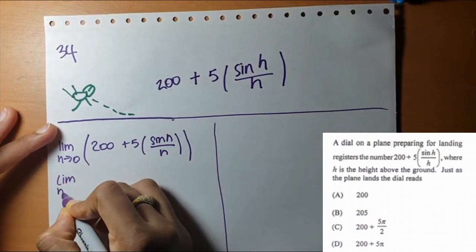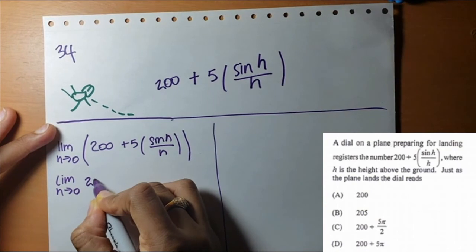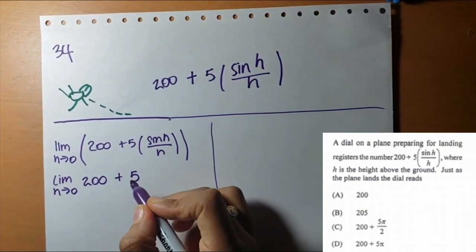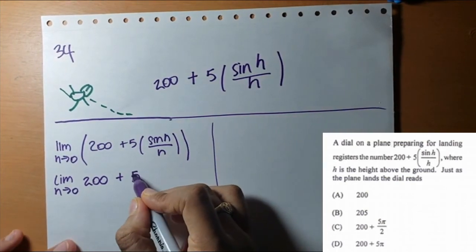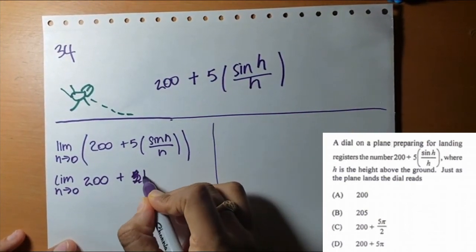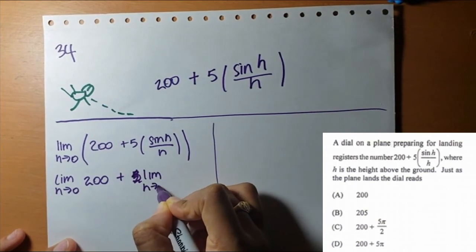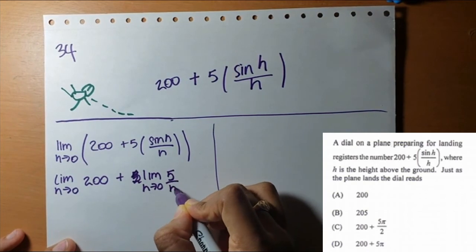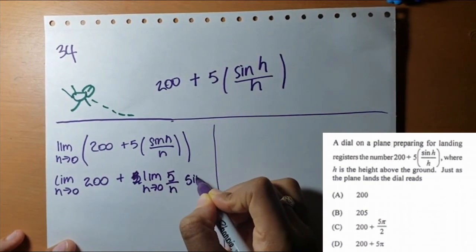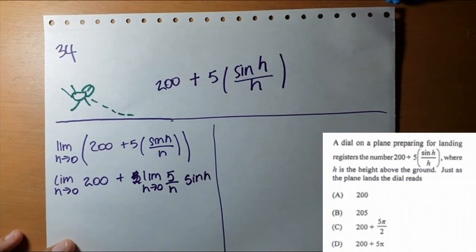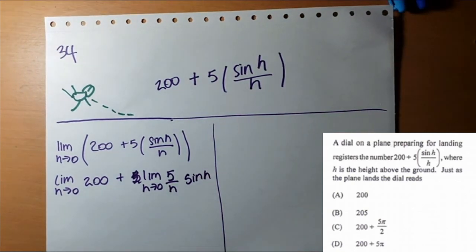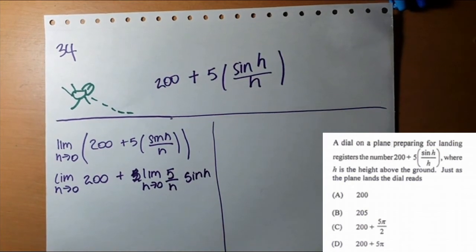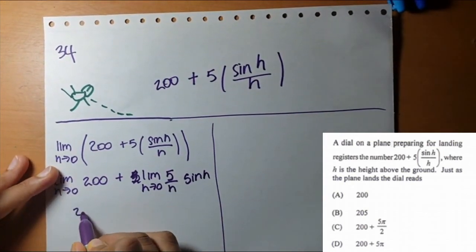We have the limit as h approaches 0 of 200, plus the limit as h approaches 0 of 5 sine h over h. Nothing has changed. The limit of a constant is just the constant, so now we have 200.